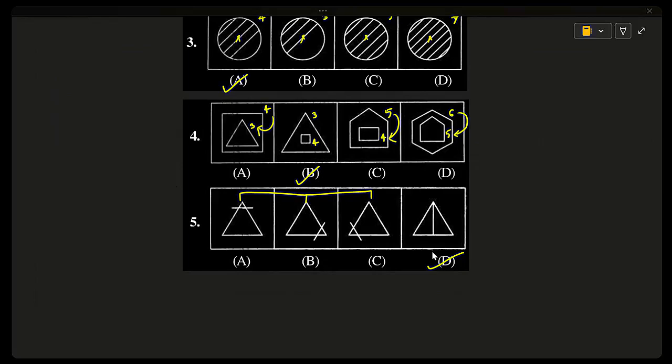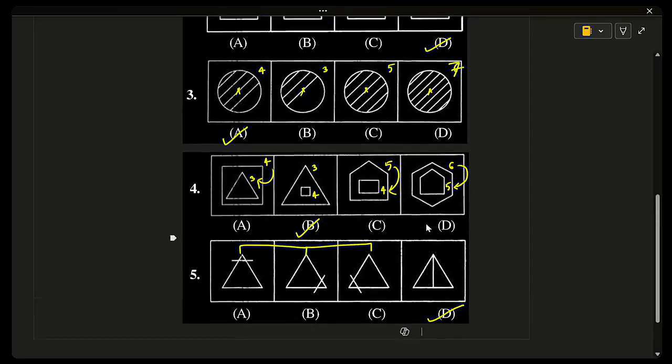Students, in this part, any doubts you have, you can raise a hand. This is very simple. Shanvit, what is your doubt? Sir, third question, why can't it be...? See, 3, 5, 7, all are odd numbers. So option A is having an even number. That is the only odd one out.